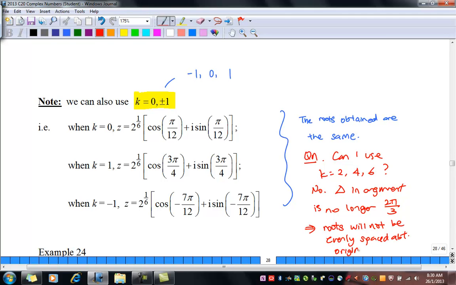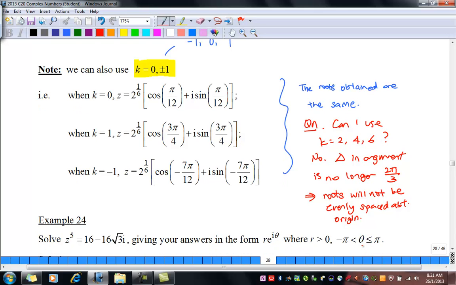So what does that tell me about the values of k that I can use? In fact, the values of k must be consecutive. In this case, we need 3 consecutive values of k. But in general, if we have the nth root, we will need n consecutive values of k.